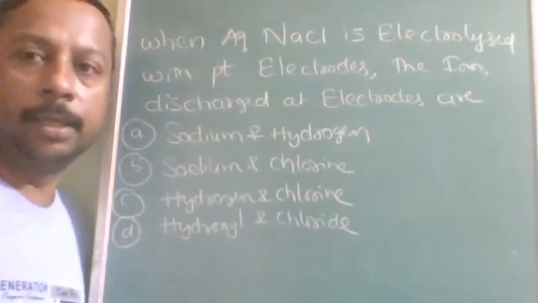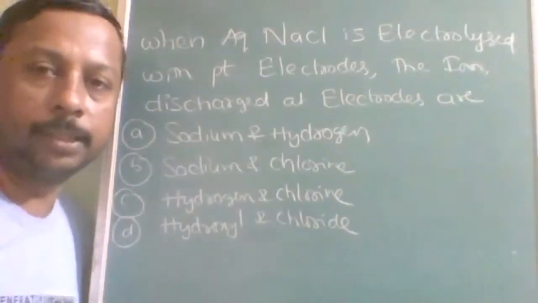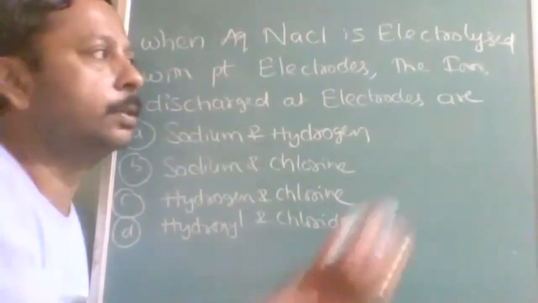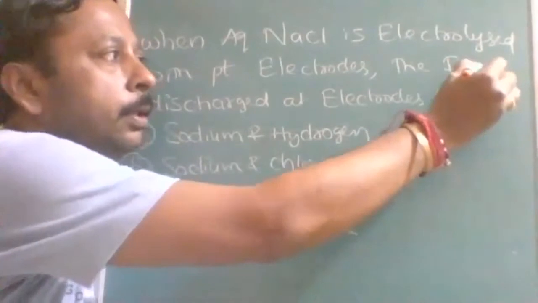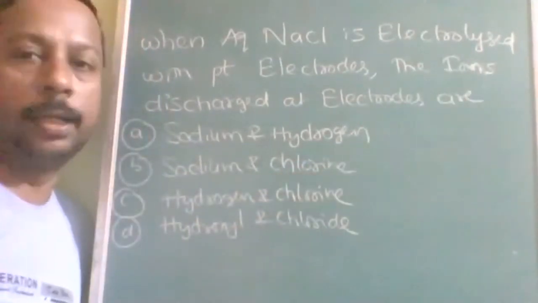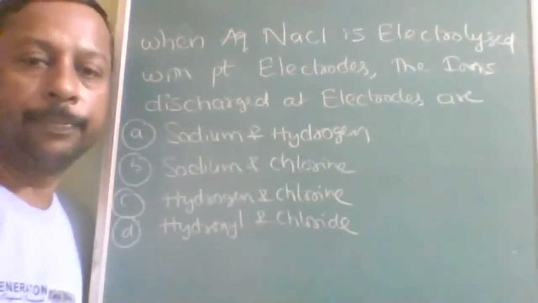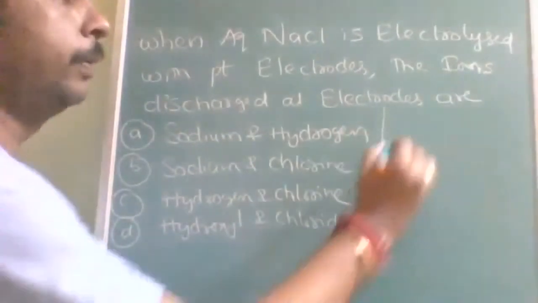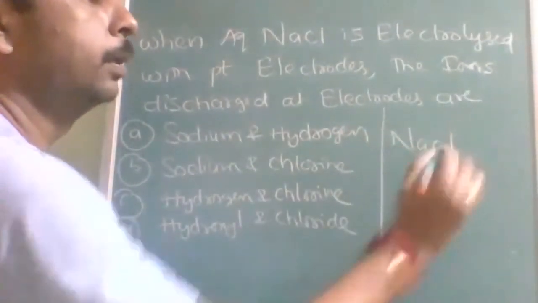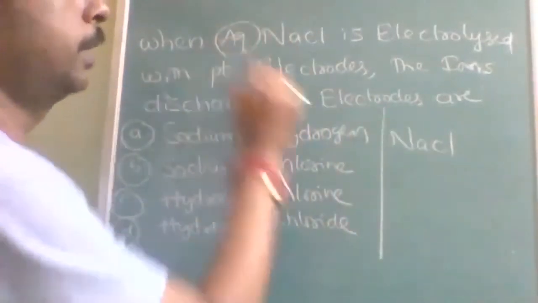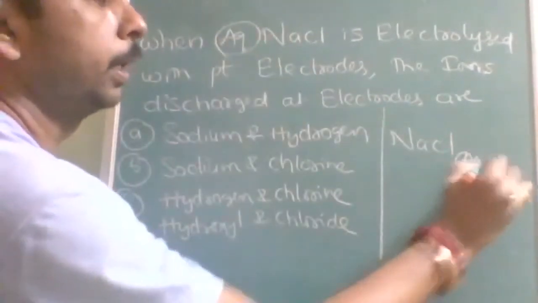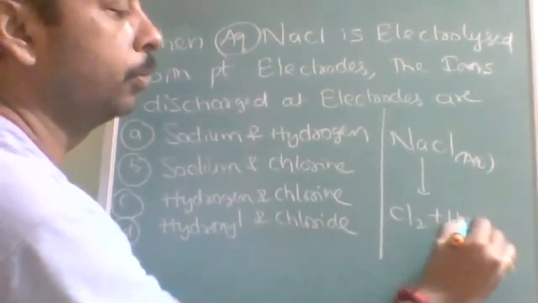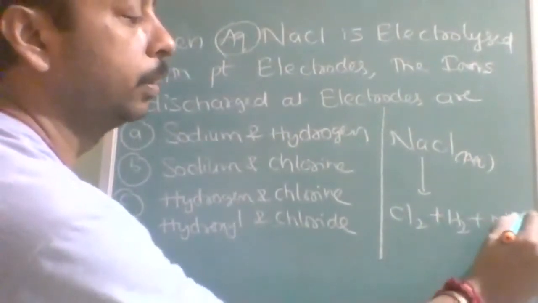Aqueous NaCl is electrolyzed. Then the ions discharged at the electrodes are: a very famous question. If we electrolyze NaCl, but here the problem is that it is aqueous, so it will give you chlorine gas, hydrogen gas, and NaOH is left over.